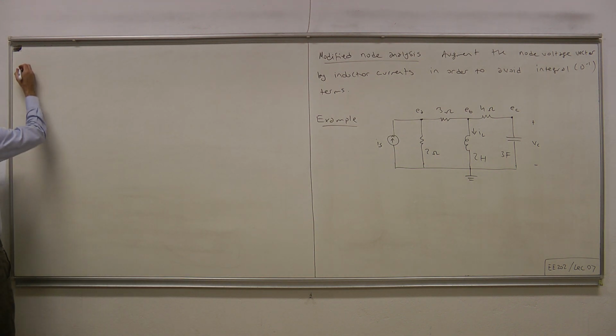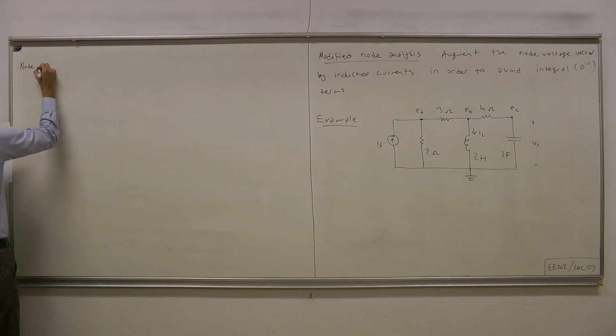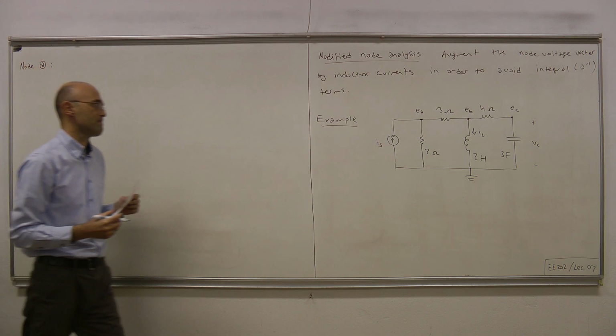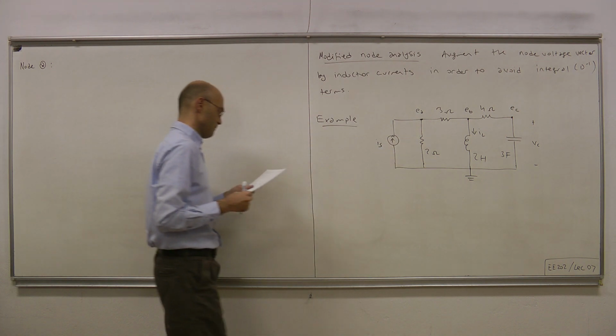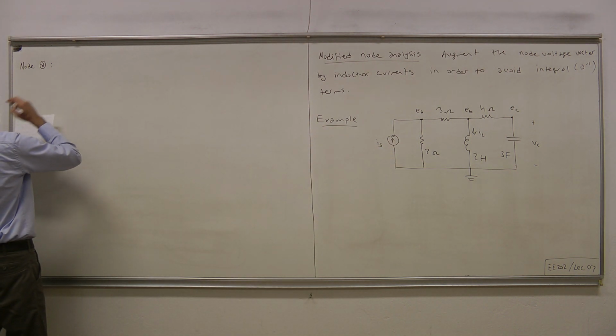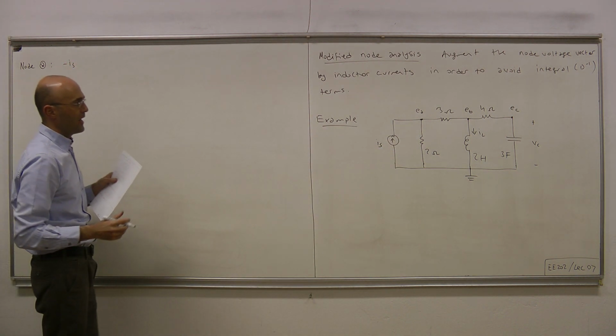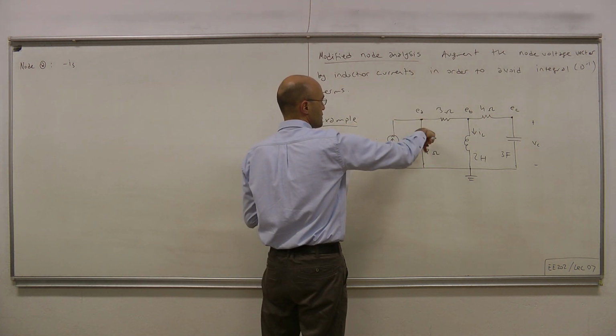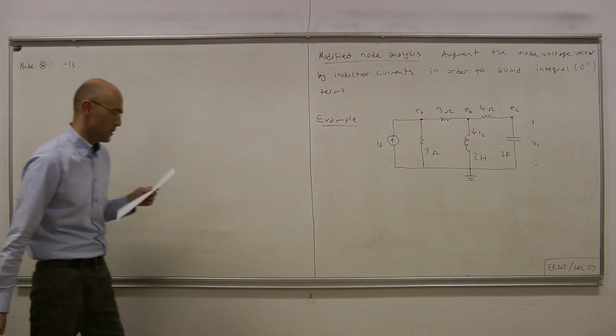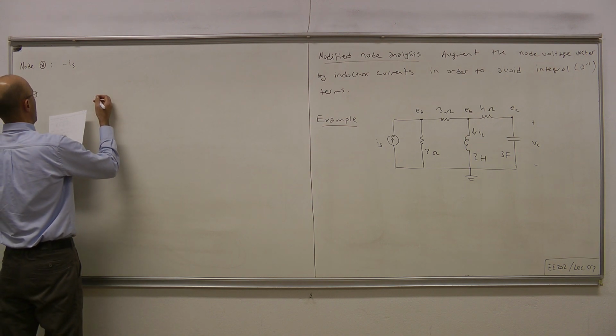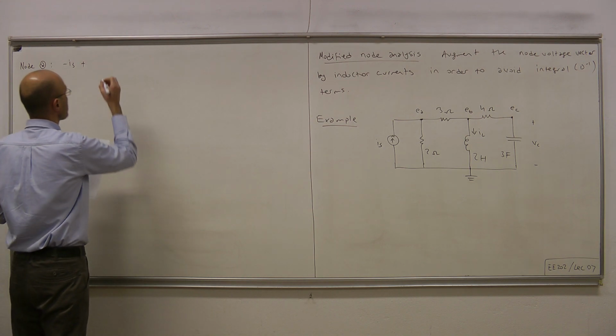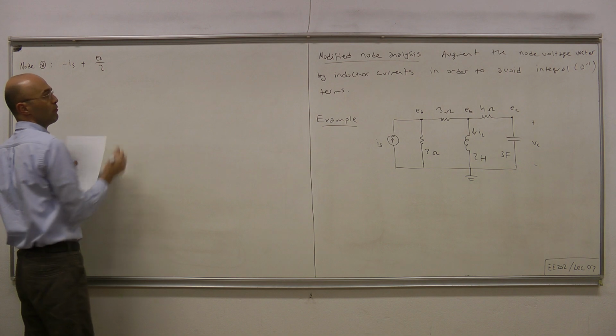Okay, so let's go node by node, starting from the first node, node A. Okay. Let's write down KCL: minus IS plus EA over 2.